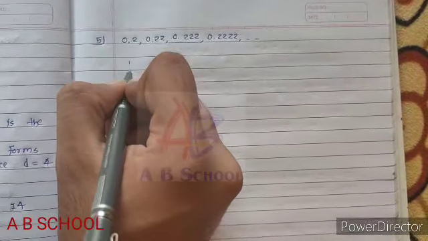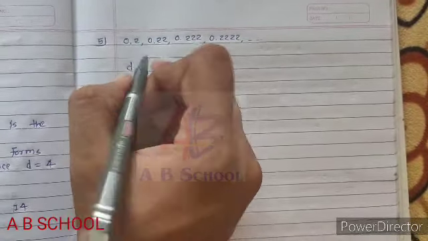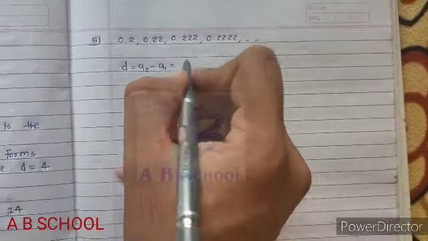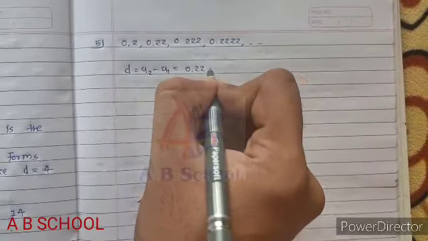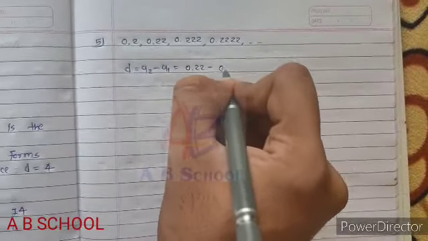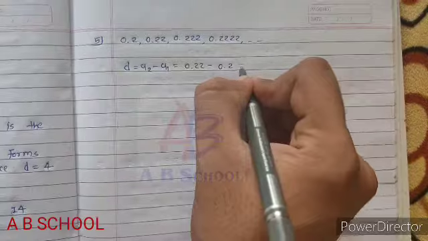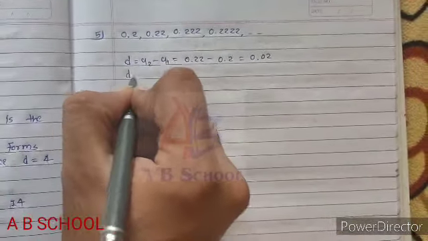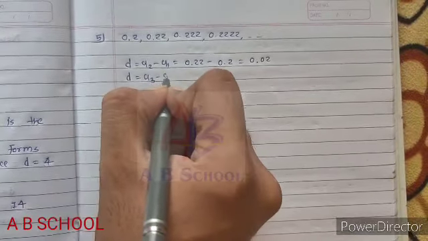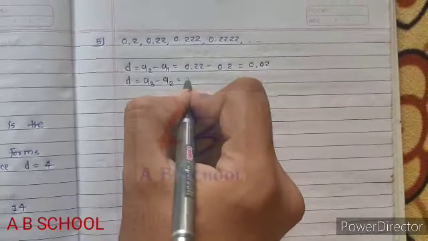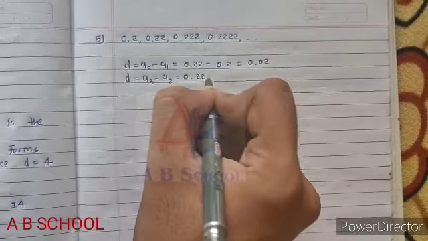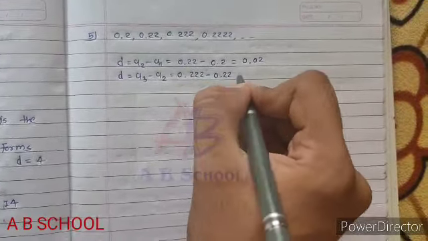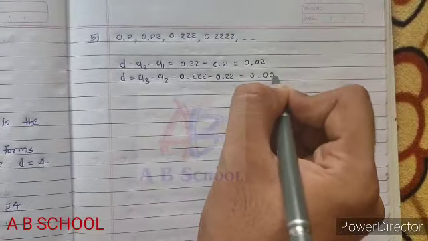For common difference D is equal to A2 minus A1. Value of A2 is equal to 0.22 minus A1 is equal to 0.2 is equal to 0.02. Now for D is equal to A3 minus A2. Value of A3 is equal to 0.222 minus value of A2 is equal to 0.22 is equal to 0.002.